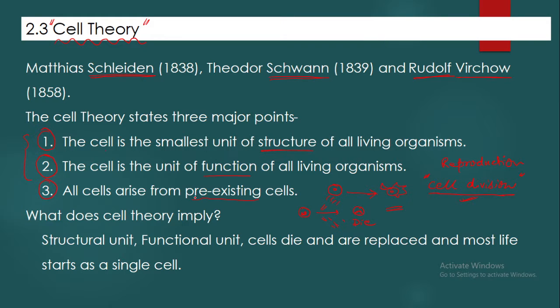The living organisms can be single celled or they may be many celled. If there is one cell, they are known as unicellular organisms. Many celled, they are called multicellular organisms.